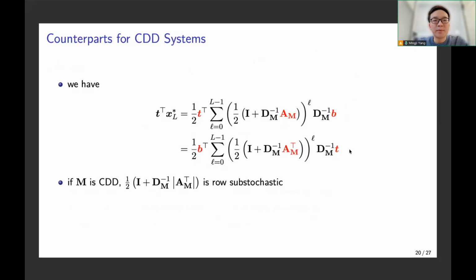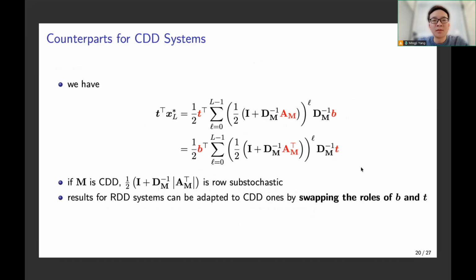So if M is CDD, instead we can consider the matrix involving the inverse A transpose, which is again row substochastic. So we can apply the previous algorithm, but this time we sample random walks from the source distribution B. So in general, our results for RDD systems can all be adapted to CDD cases by just swapping the roles of B and T.